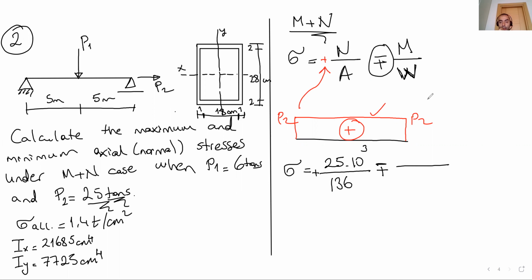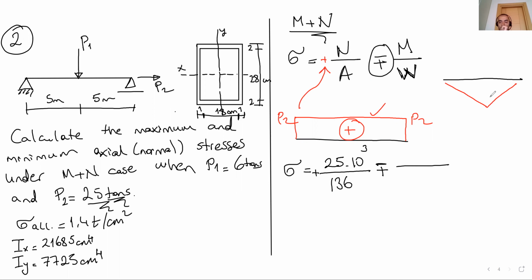Okay, let me write here the moment. By the way, we should draw the moment diagram to see what the moment is here. Let me draw it here. There is an axial force at the midpoint, so the moment diagram will be like this.